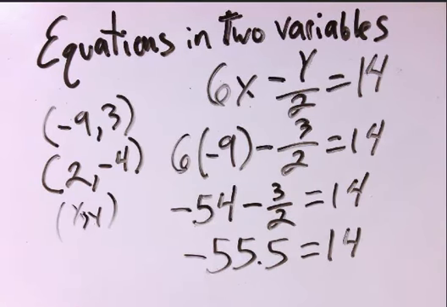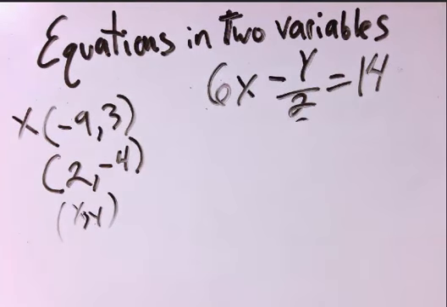So we work through this, we hit negative 55.5 is equal to 14, which is not true, so we know that this is not a possible answer. So let's work through the next one here.